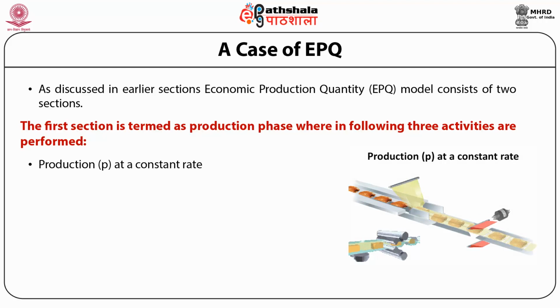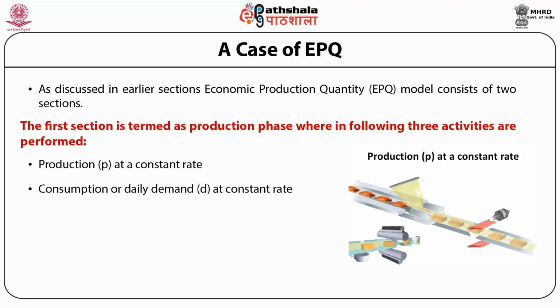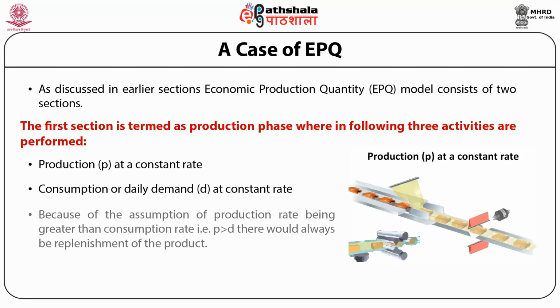Production P at a constant rate, consumption or daily demand at constant rate. Because of the assumption of production rate being greater than consumption rate, that is P greater than D, there would always be replenishment of the product.